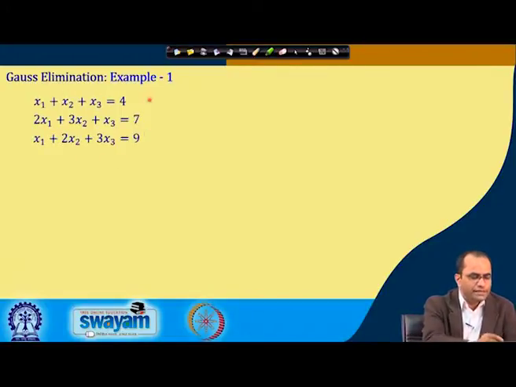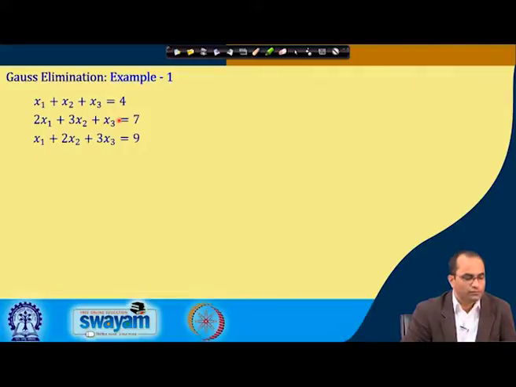So, here we take a very simple example. We have three equations: x1 plus x2 plus x3 is equal to 4, 2x1 plus 3x2 plus x3 is equal to 7, and the third equation is x1 plus 2x2 plus 3x3 is equal to 9.